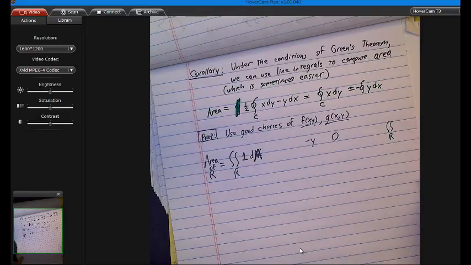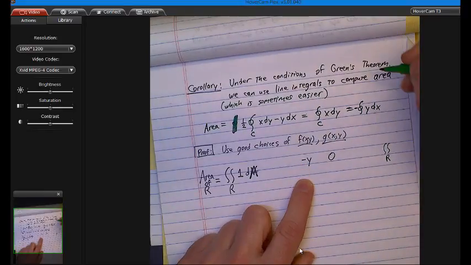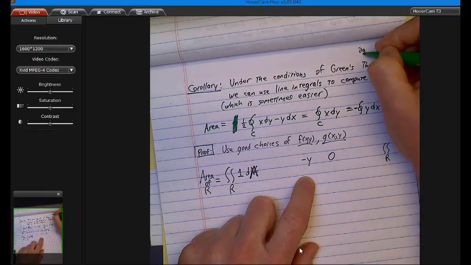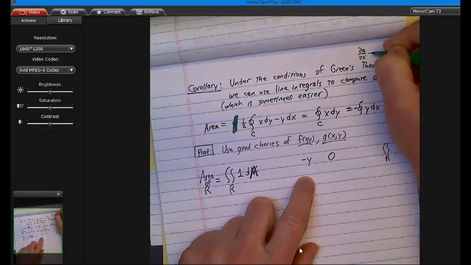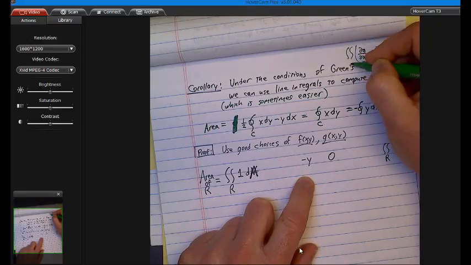Remember, the integrand was partial of g with respect to x minus partial of f with respect to y.